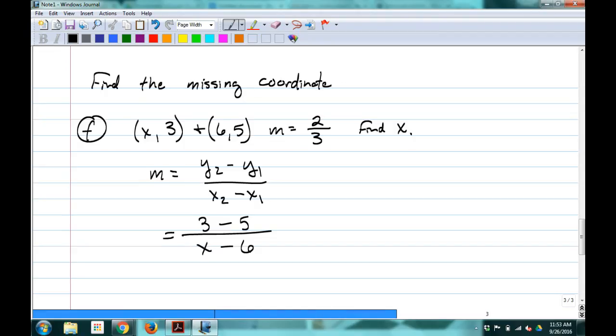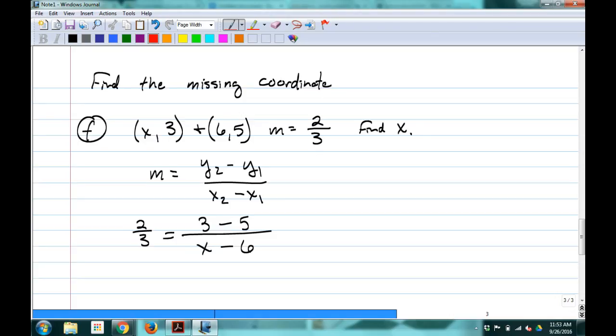Because this is the slope formula, it's equal to the slope, which is 2/3. So I'm going to put that over here. X, 3, 6, 5. Whatever's missing, I'm going to put in there first.